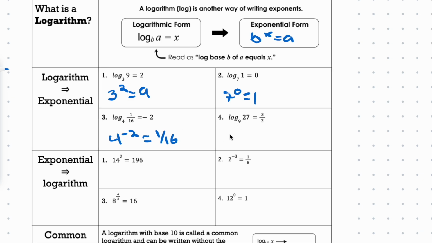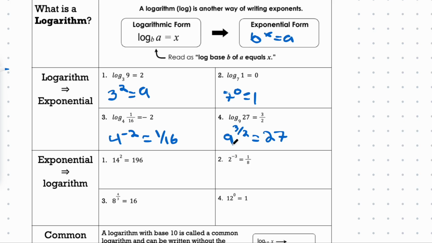Okay, what about here? We have 9, which is our b value, our subscript, to the x power. In this case, it's 3/2, equals our a value, which is 27. Does that make sense?